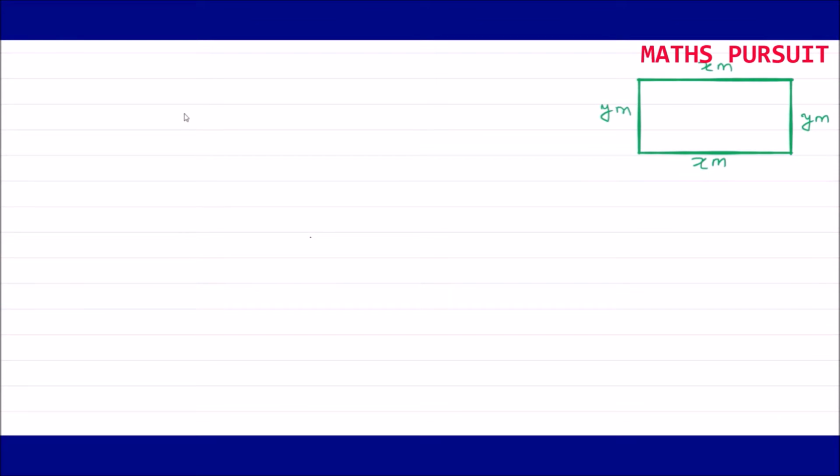Let us assume the length of this rectangular park is x meters and the breadth is y meters. Guys, we are just assuming because we do not know the length and breadth, and ultimately we are going to find them out.